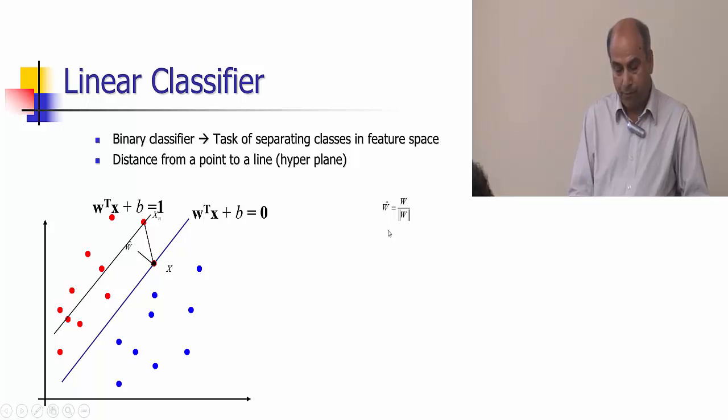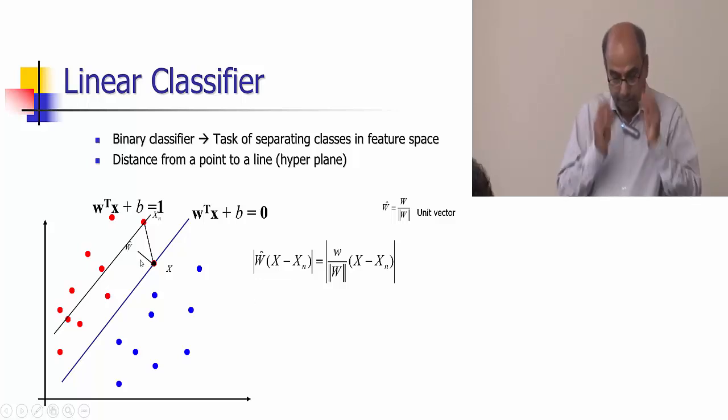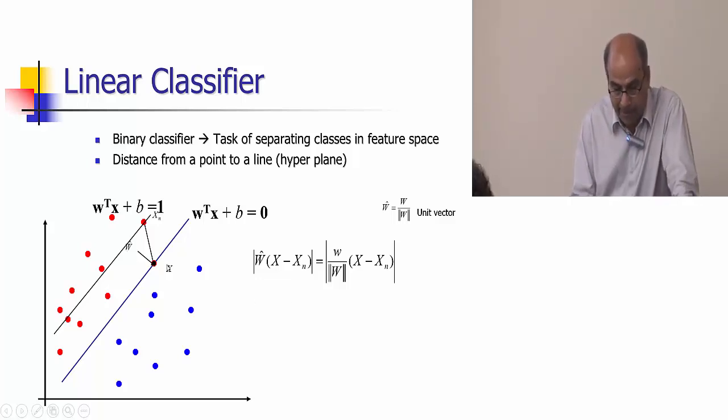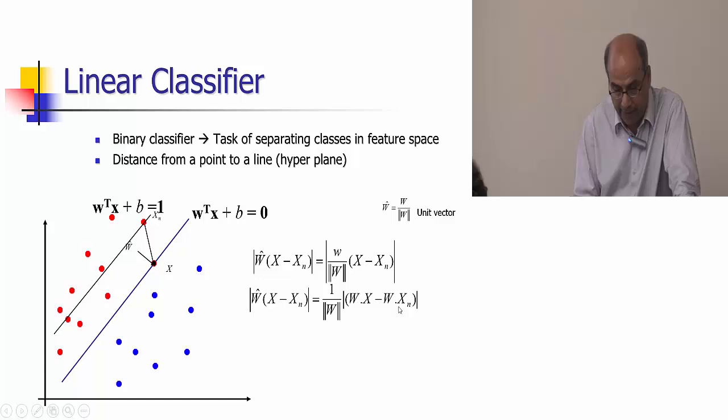Then we take x minus xn, which is a distance, and project that onto the unit vector w hat. We can simplify that, take the 1 upon the norm of w outside, so it's wx minus wxn, and then we can add plus b and minus b.